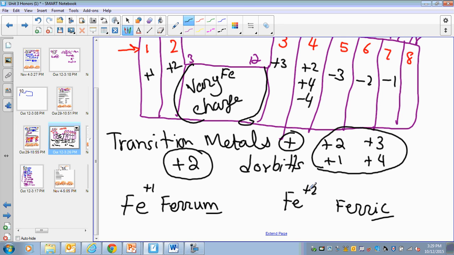The higher the positive charge is, it ends with ic, and the lower the positive charge, it ends with ous, ferrous, not ferrum. Ferrum is the name of the iron. But instead of that, we can also say iron, and I use Roman numerals, iron 1, or I say iron 2, because it has a charge of 2.